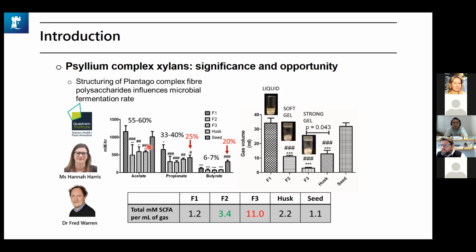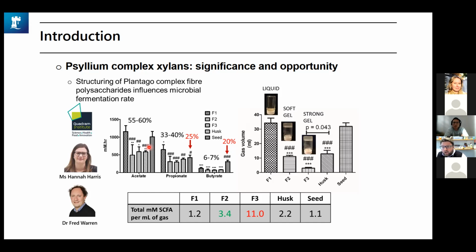So this really gives us an opportunity to reduce this gas volume without compromising the production of the beneficial short chain fatty acids that help us to maintain healthy diet and healthy metabolism, because they go into the brush border of the colon, and then they go into the bloodstream, and then they end up in the liver, and they start contributing to the systemic metabolism, and that's a very important part of dietary fiber functionality.